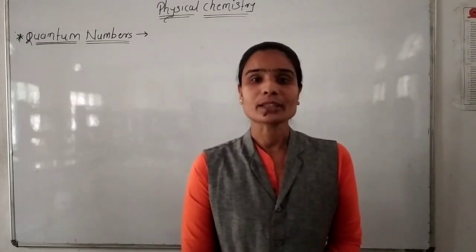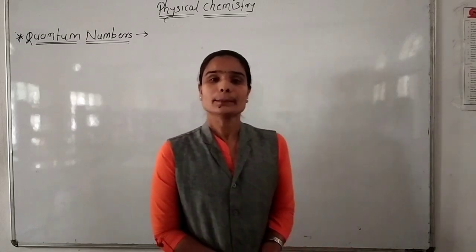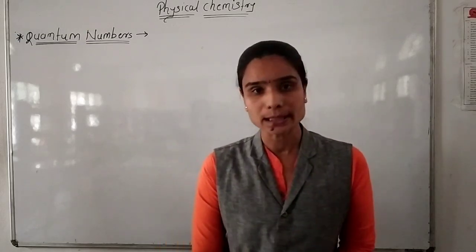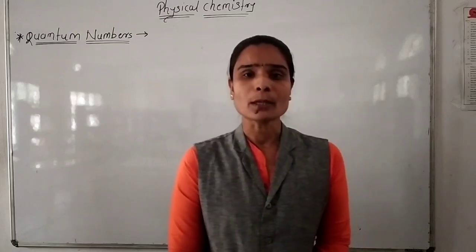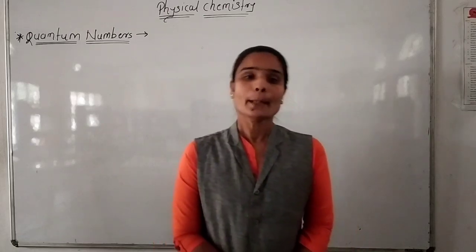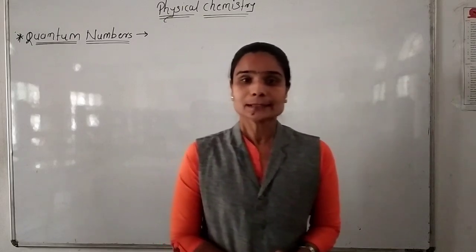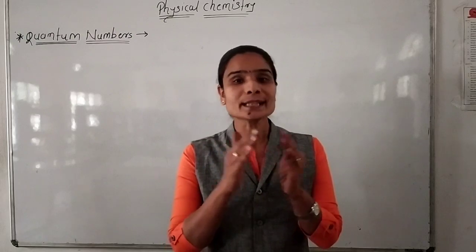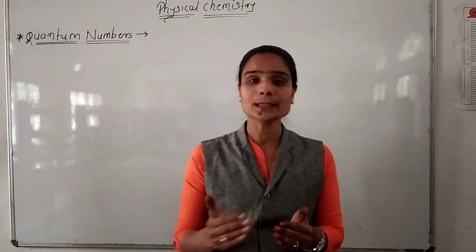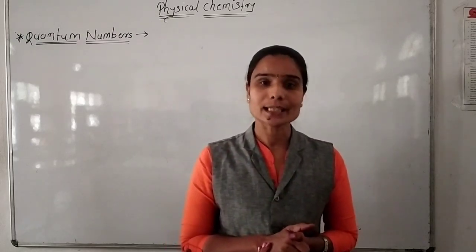After that we saw the second quantum number, the azimuthal quantum number, and the azimuthal quantum number gives the information about the orbital or suborbital present in the atom. Means the electron is present in the first shell, but in which orbital, that information is given by the azimuthal quantum number.